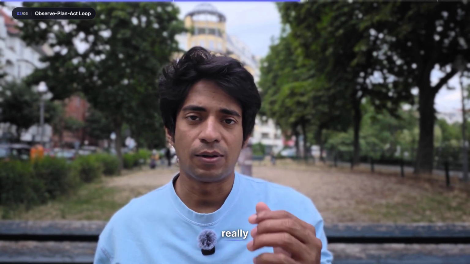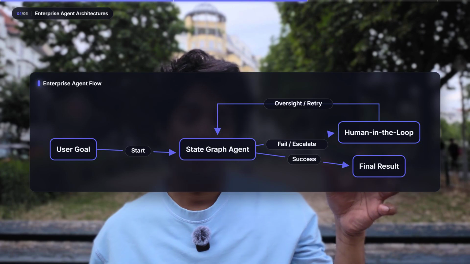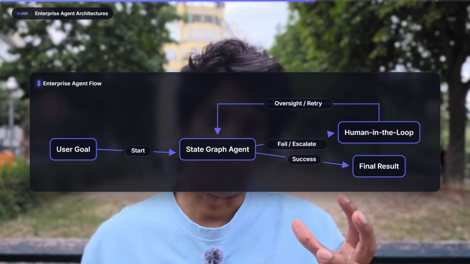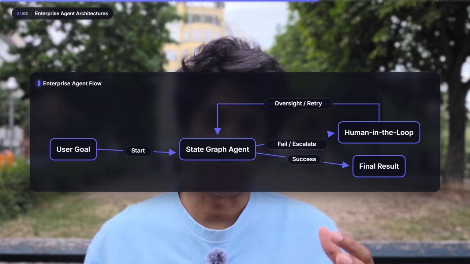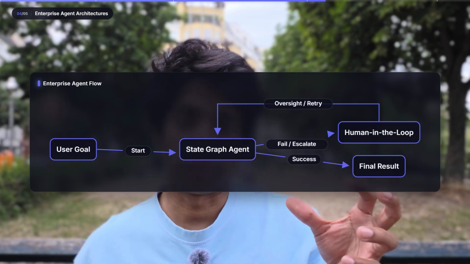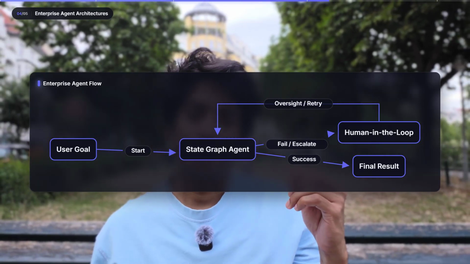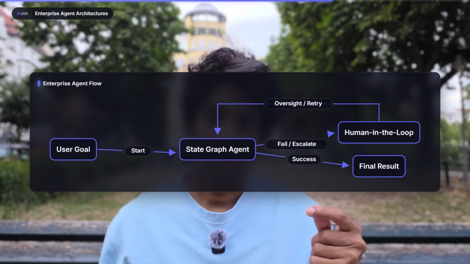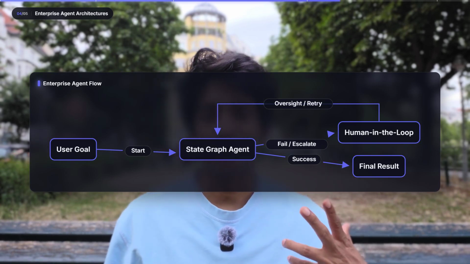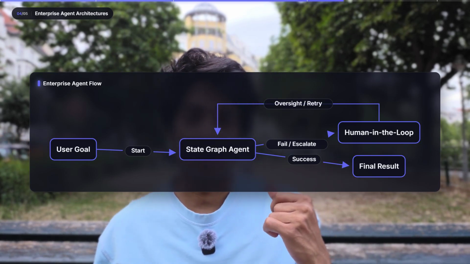Now this is where the enterprise element comes in. You are not just chaining prompts. You are building a state-based graph, and each node in the graph is an agentic setup. In this agentic setup, there are some agentic steps that you have to think about.